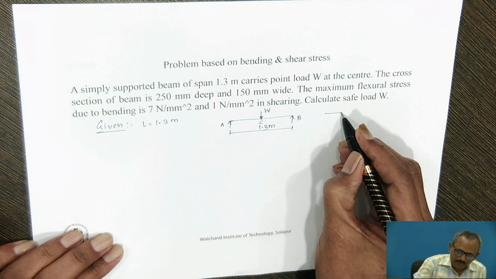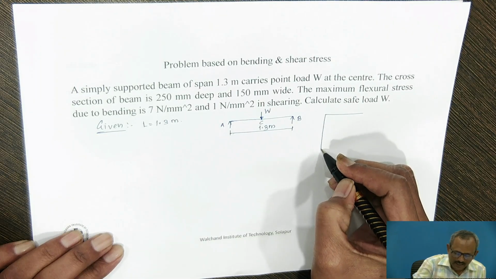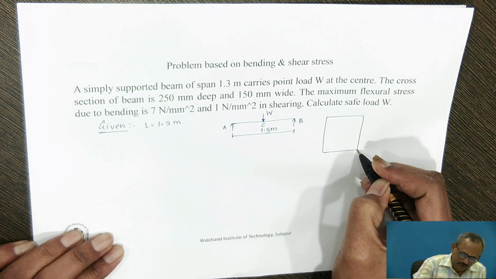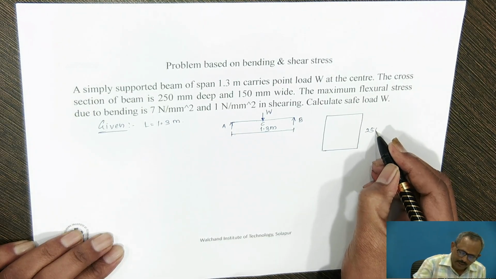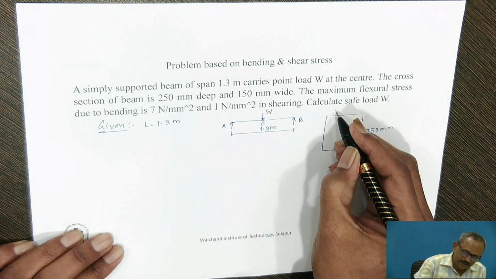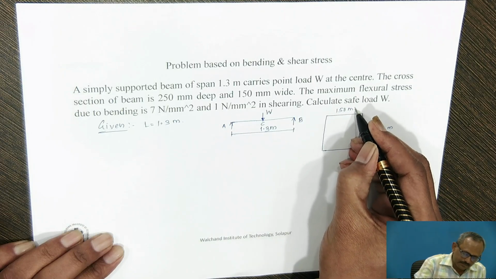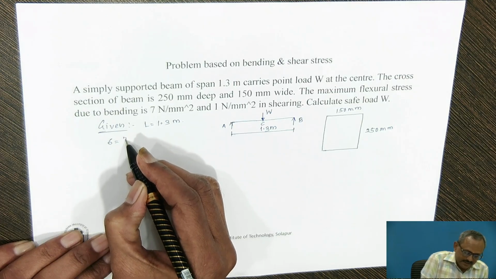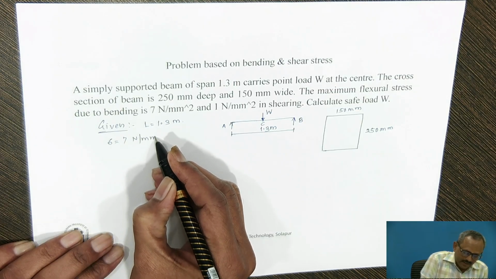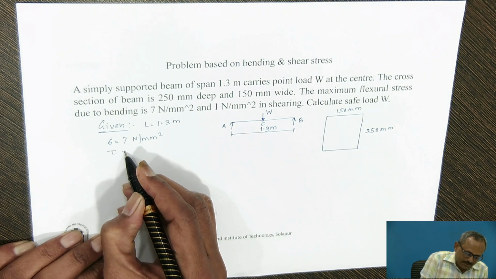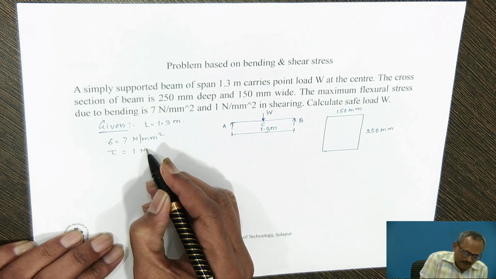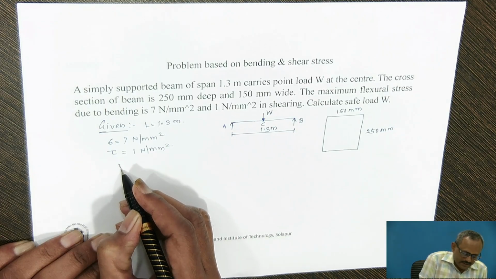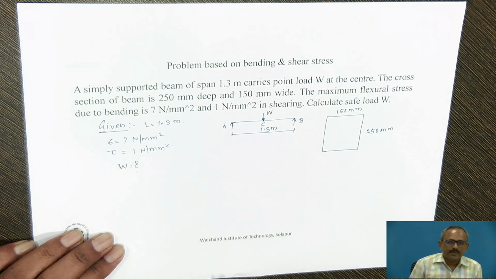The section of the beam is a rectangle having width 150 mm and depth 250 mm. The bending stress is 7 Newton per mm square and allowable maximum shear stress is 1 Newton per mm square. We have to calculate the safe load that the beam can carry.